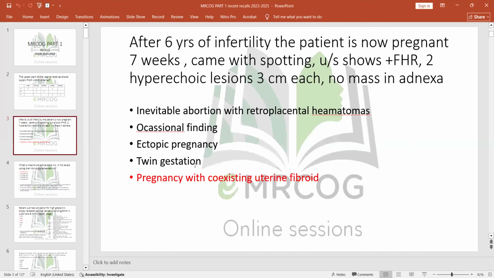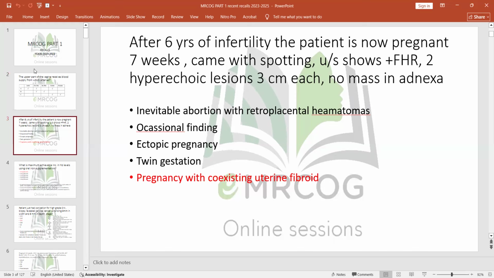Okay, here this patient has 6 years of infertility, and she's now pregnant at 7 weeks. She came with spotting. The ultrasound shows a positive fetal heart rate and 2 hyperechoic lesions. I guess they were well demarcated.